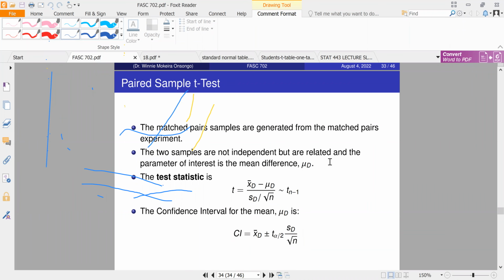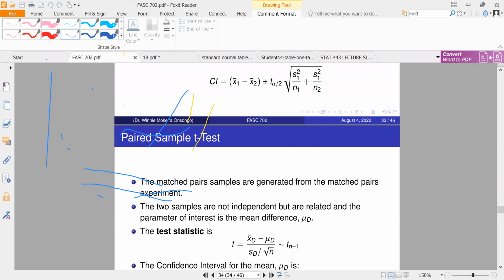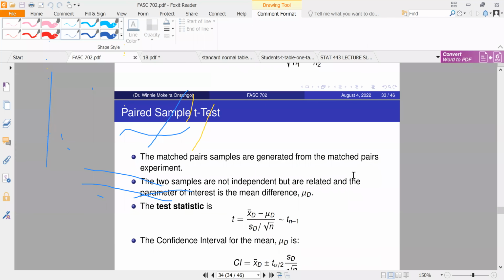Now, note that we are having matched pairs of samples. From an experiment, we can generate matched pairs of samples, and these samples are not necessarily independent, but they are related with respect to the parameter of interest.